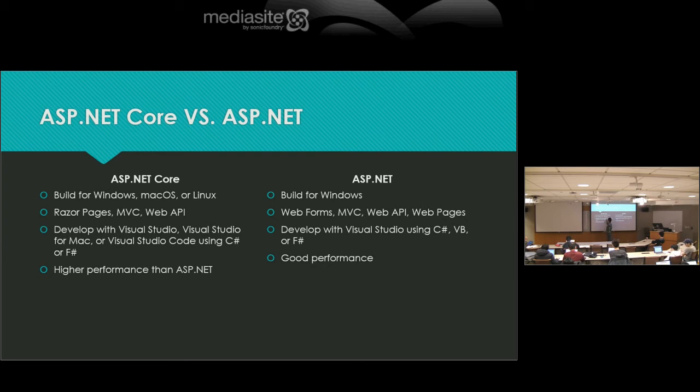But most notably, the new thing is the Razor page, which is what we're going to approach in this project, and we're going to talk about that later. Since it's cross-platform, you can develop it on any operating system you want. But it doesn't support VB.NET, so I don't think that's much of a problem right now. And again, it has better performance compared to ASP.NET.